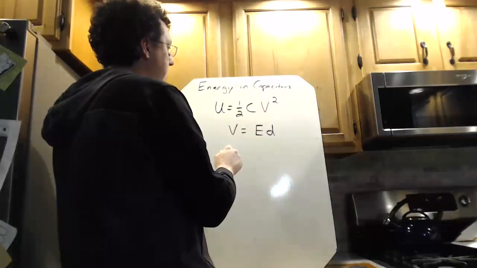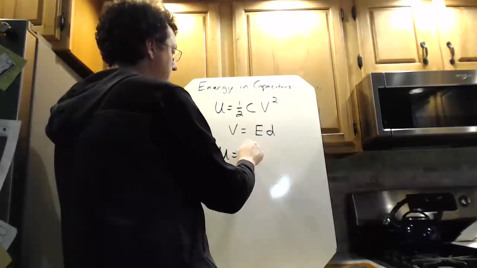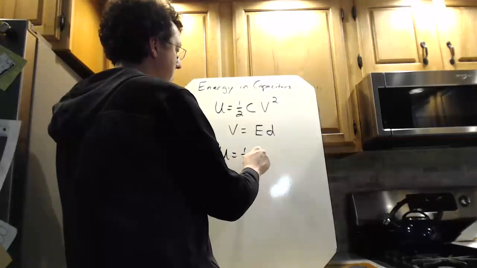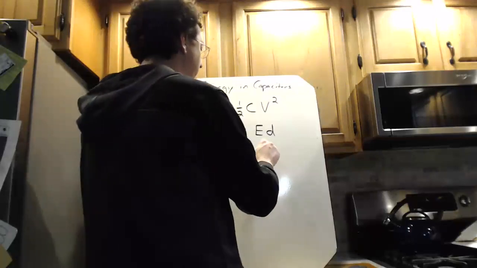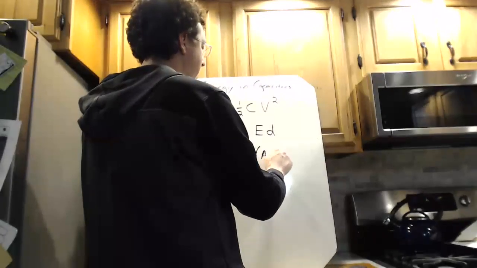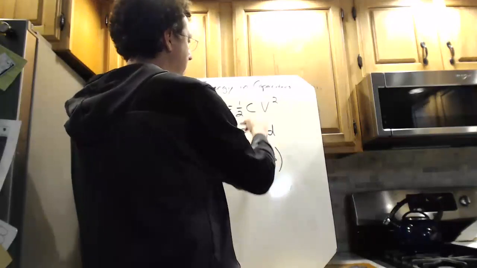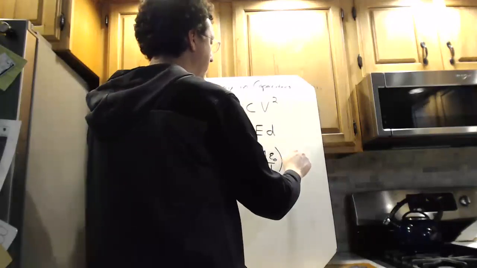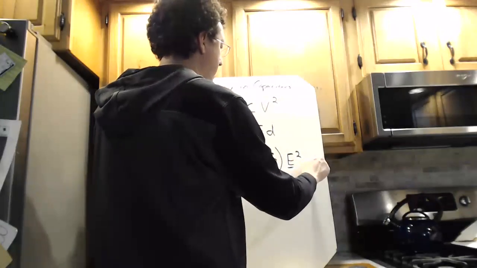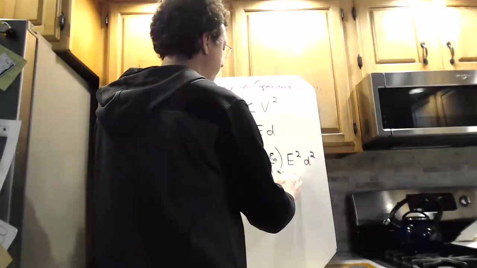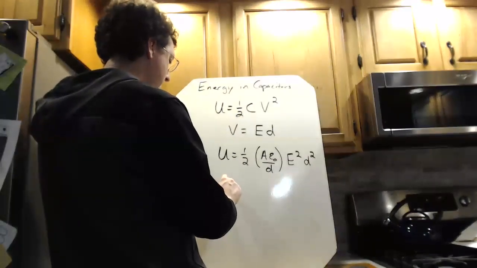So if I rearrange this, I learn that U equals 1/2 C. But what was the formula for C for a parallel plate capacitor? That was the area times epsilon naught divided by D, times the voltage squared. That will be E squared times D squared. We can rearrange that a little bit.